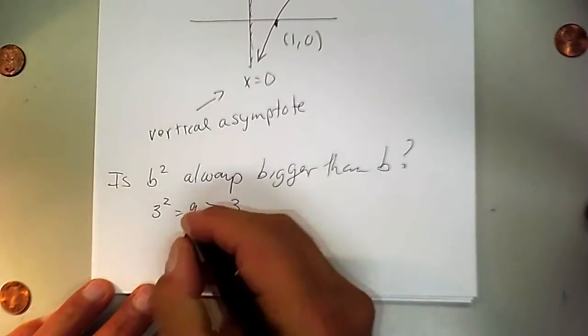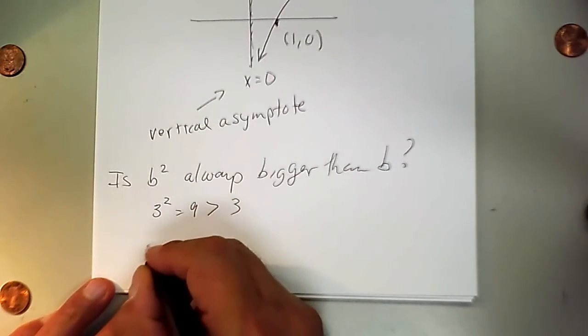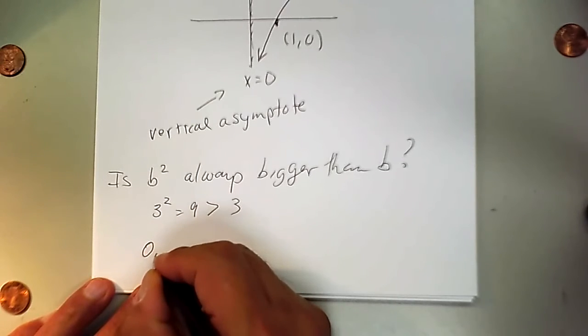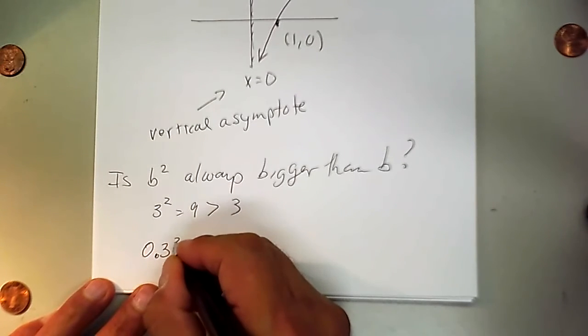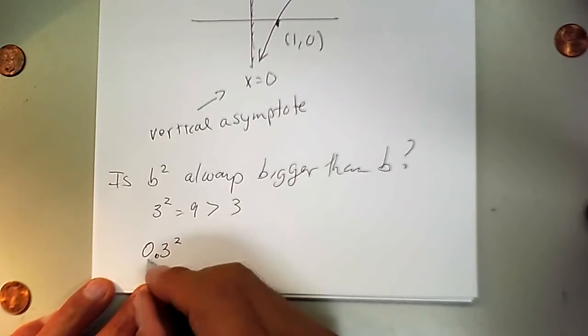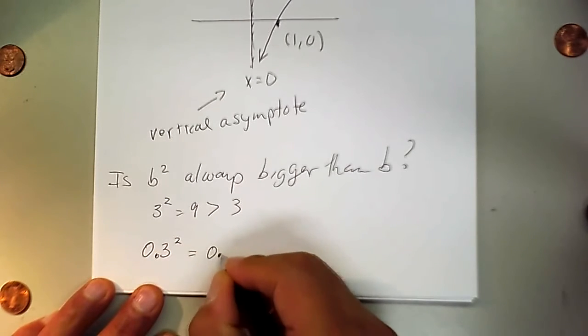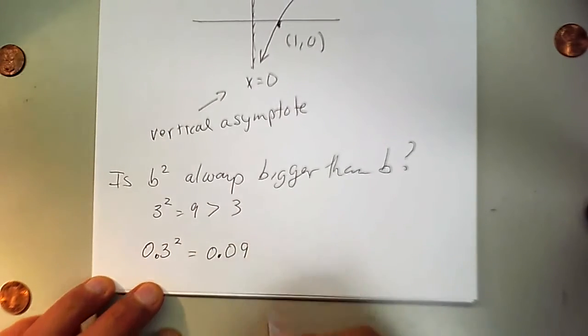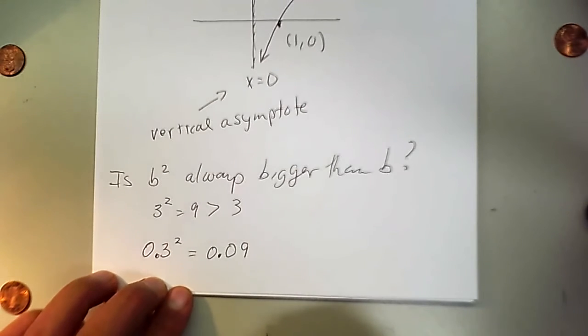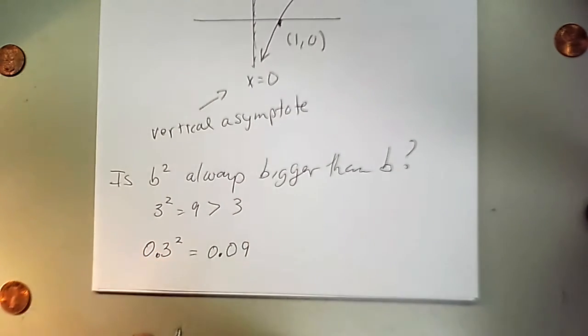It is true. However, if you have 0.3 and you square that, you don't get 0.9. You get 0.09. Try any calculator. Just do 0.3 times 0.3, multiply it out.